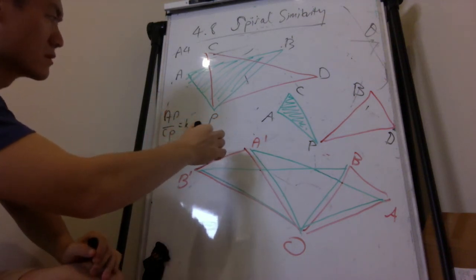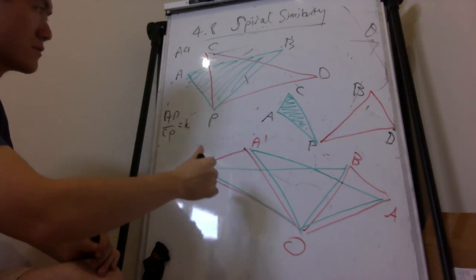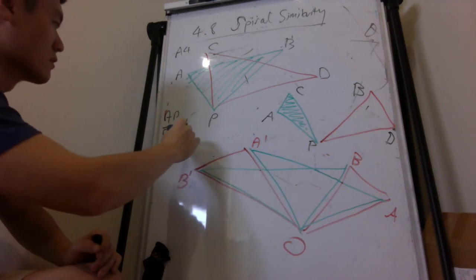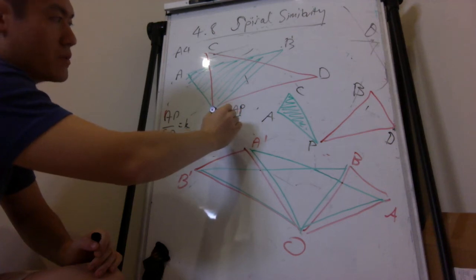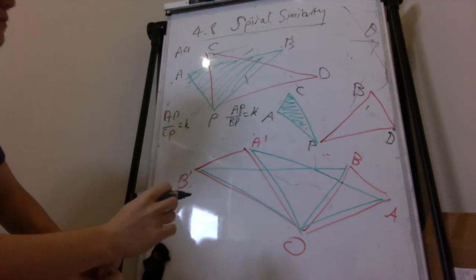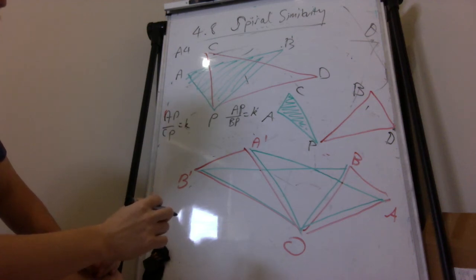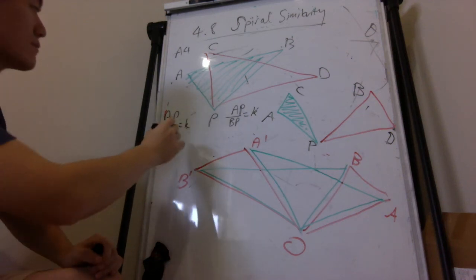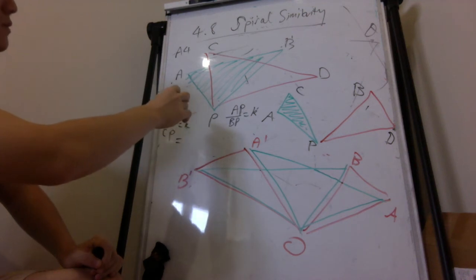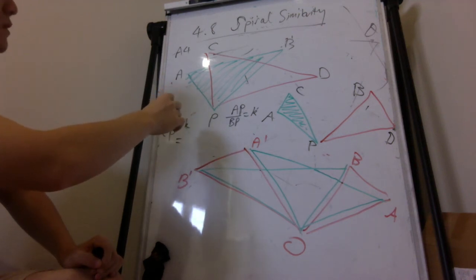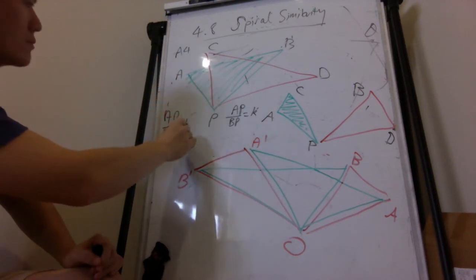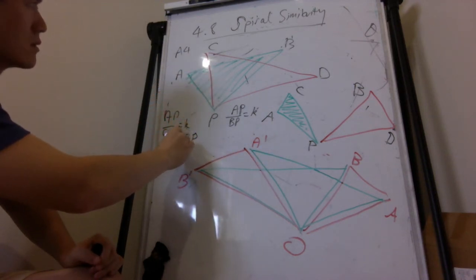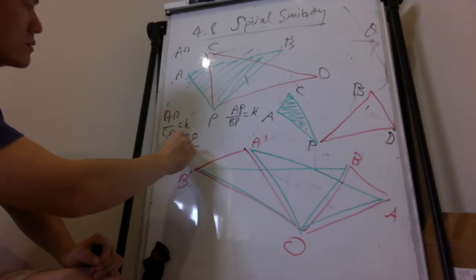So then you have AP on BP equals K, which is equal to, in this case, BP on DP, right?